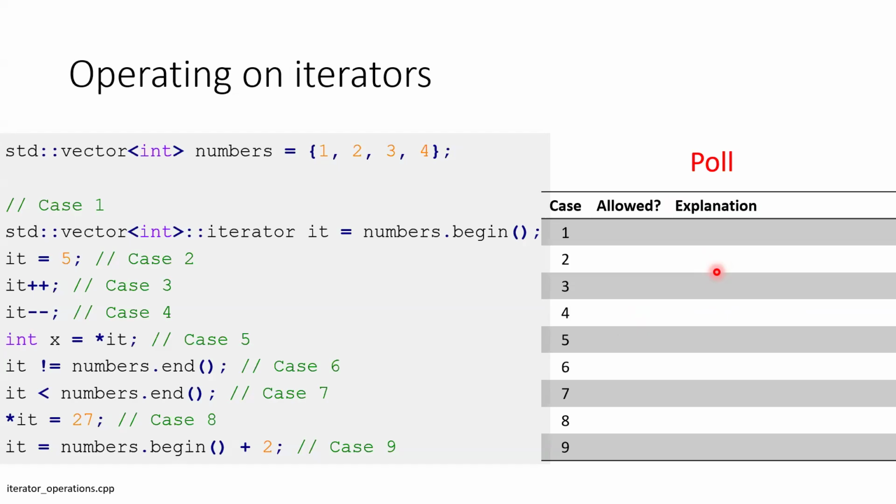Let's consider these cases and let's think about whether the operations are allowed. So case 1, we are declaring a vector of integer iterator, it, and assigning numbers.begin, where numbers is a vector of integer. Who thinks this is allowed?